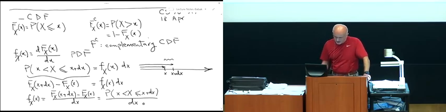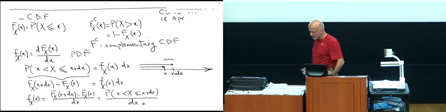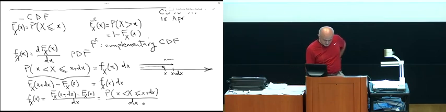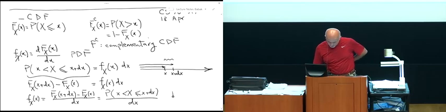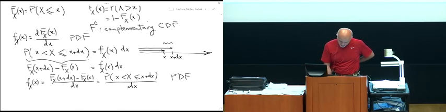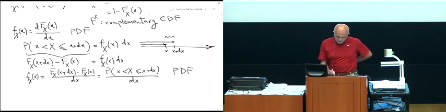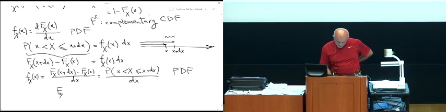So what we're looking at here is probability divided by a unit of the random variable, and that's why we call this a density function. So that's why this is called a PDF. That's the relationship between the PDF and the CDF. You can, of course, write the converse relationship, which is that the CDF can be obtained by integrating the PDF.